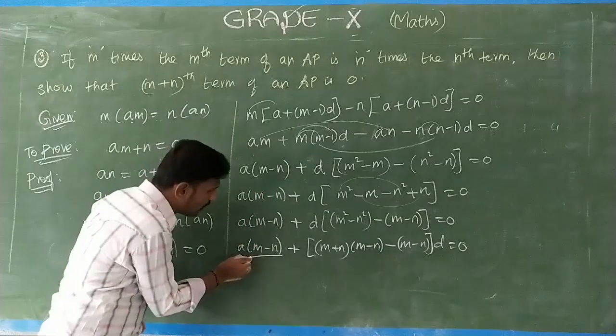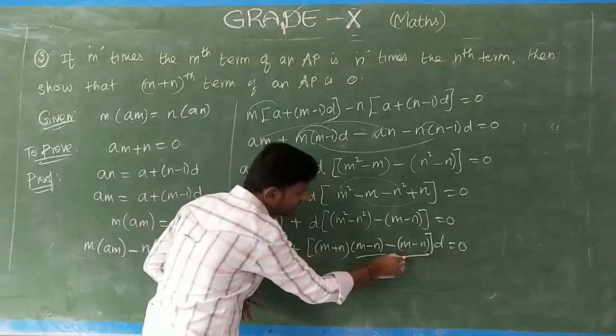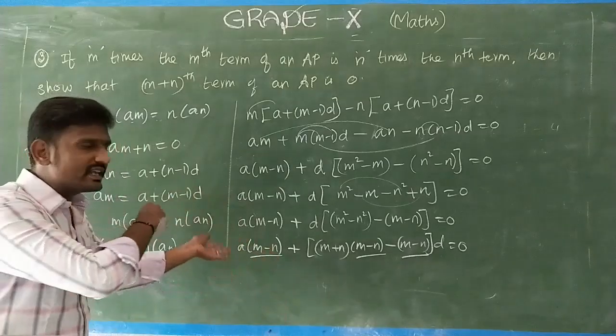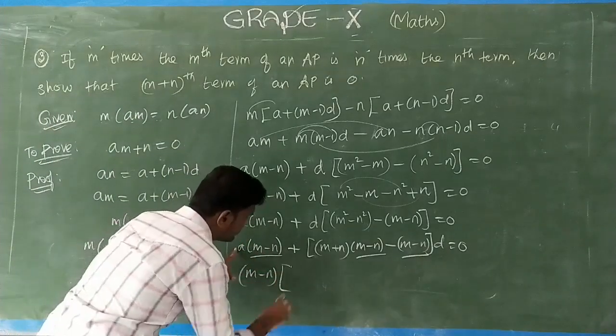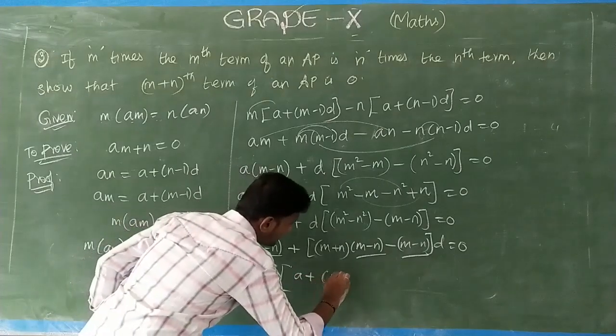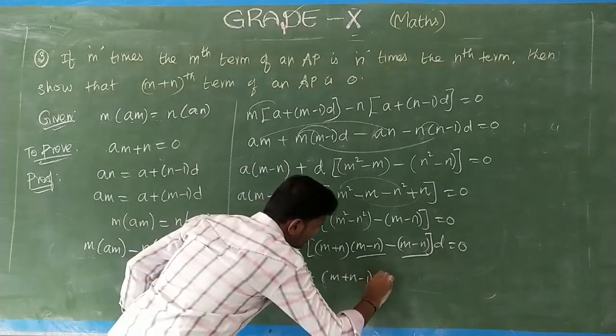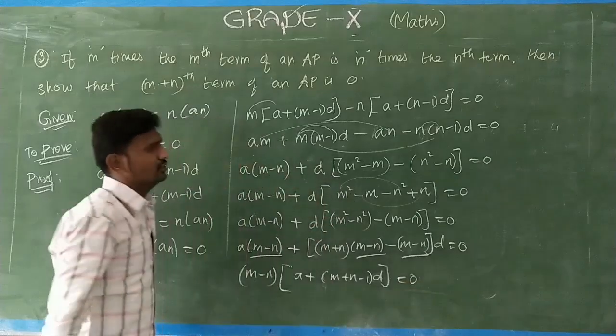Now I have a common factor, (m minus n). I am taking it outside. So m minus n means the remaining term is (m plus n minus 1) into d, which is equal to 0.